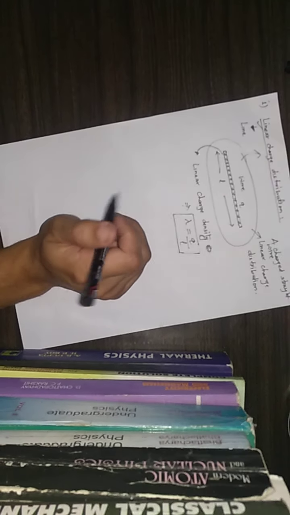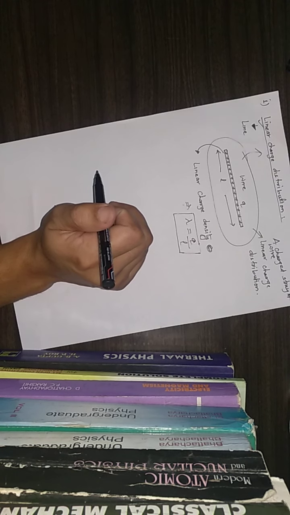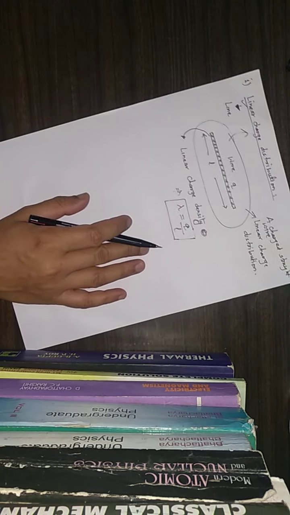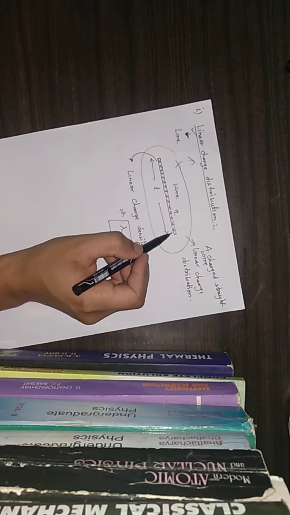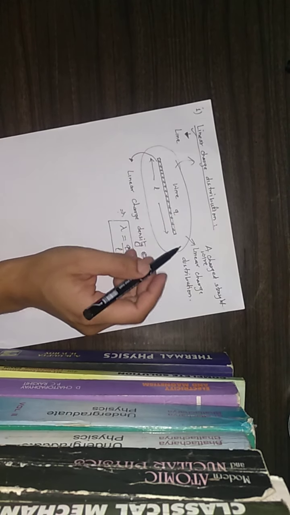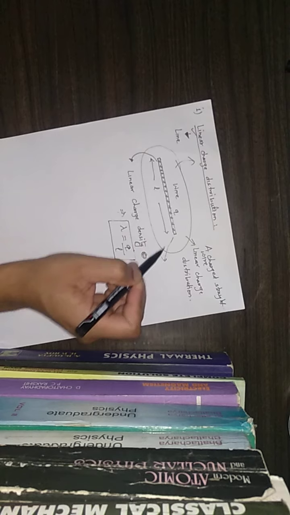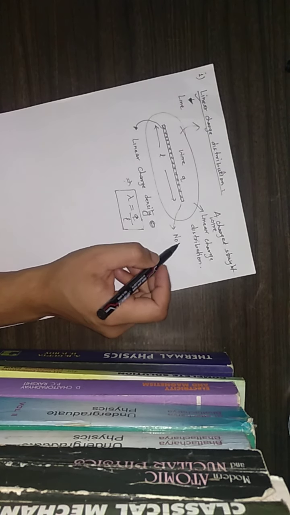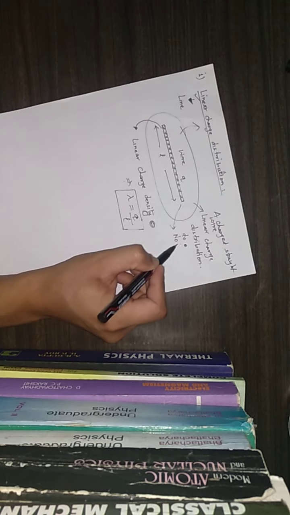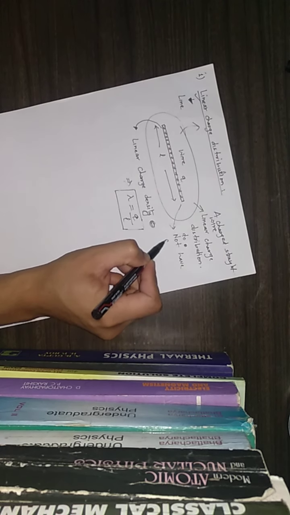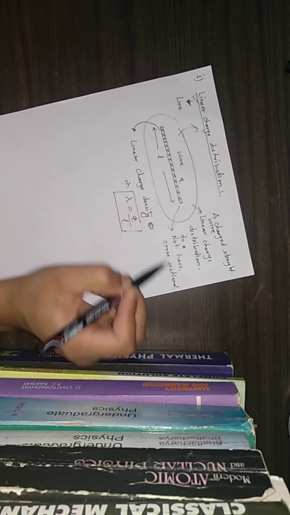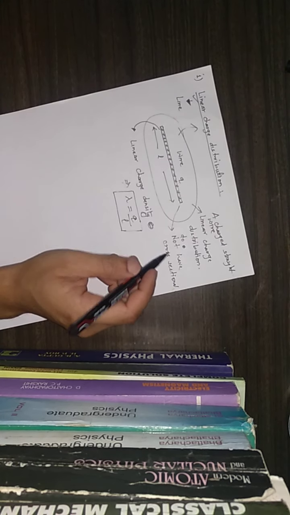And remember, for any linear charge distribution, for example this wire, it does not have any cross-sectional area.